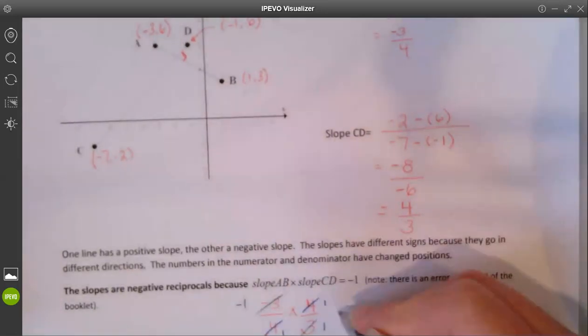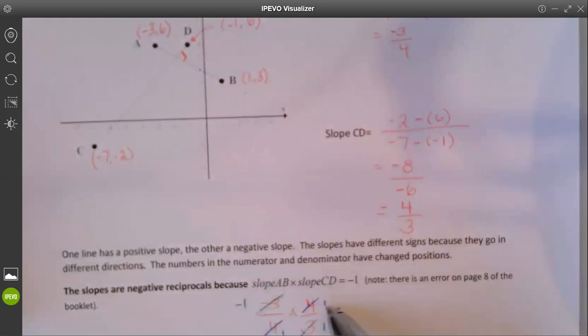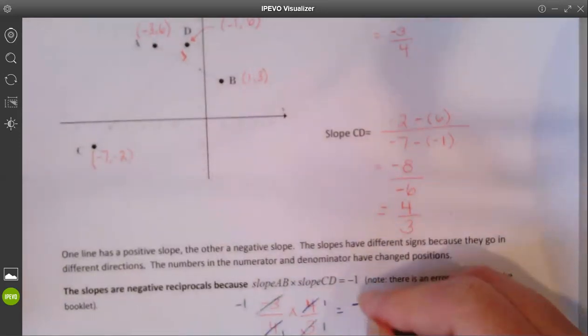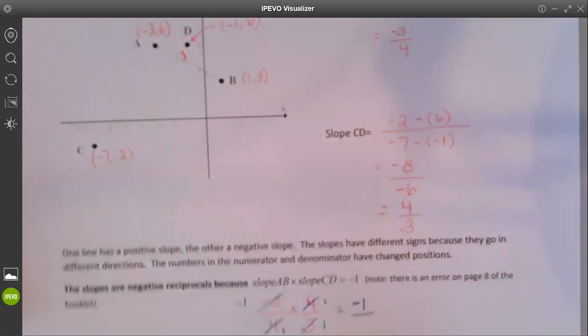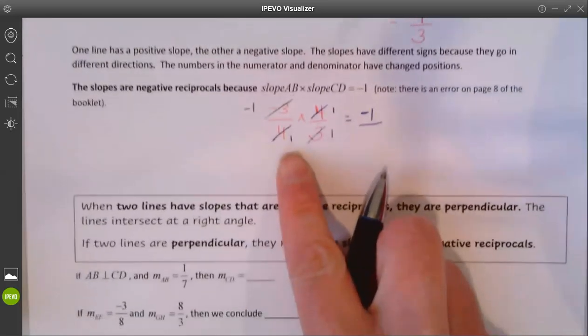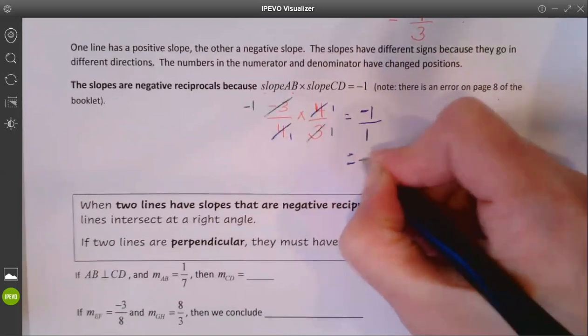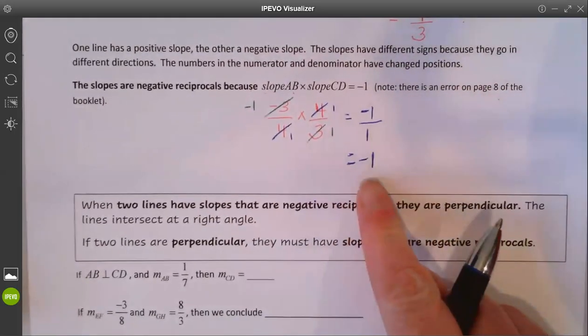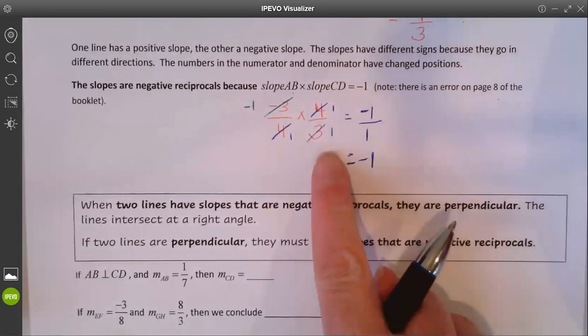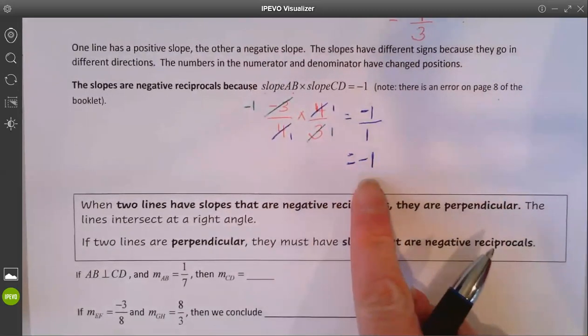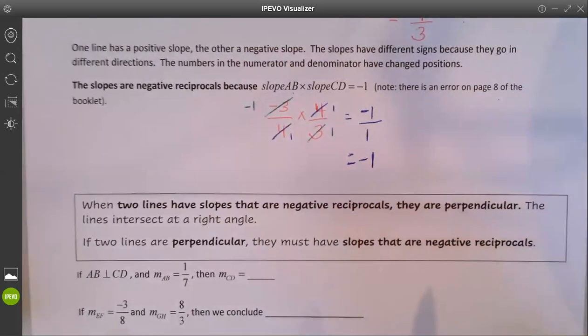So it becomes -1 times 1 in the numerator, which is -1, over 1 times 1 in the denominator, which is 1, giving us -1. If the product of the two slopes is -1, then we know the slopes are negative reciprocals. And if we have slopes that are negative reciprocals, then our lines must be perpendicular.